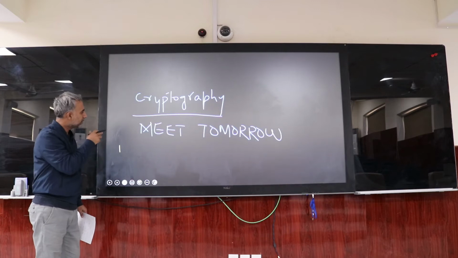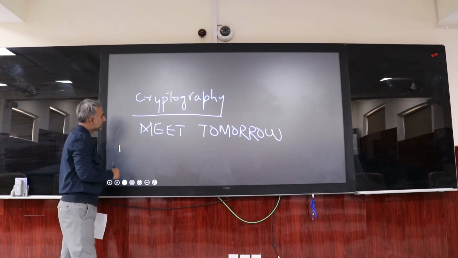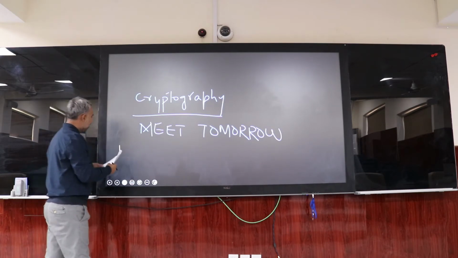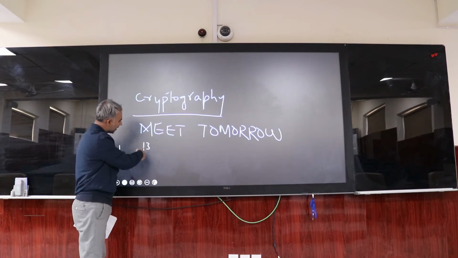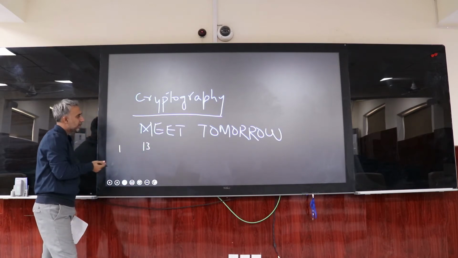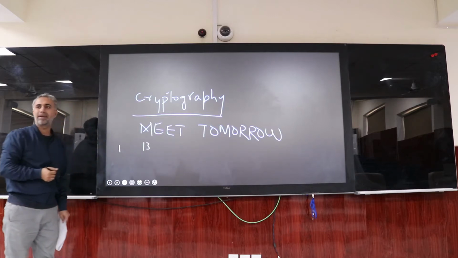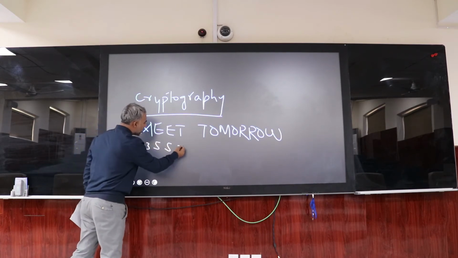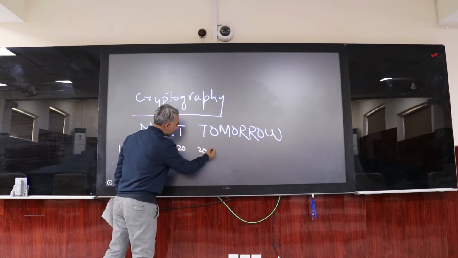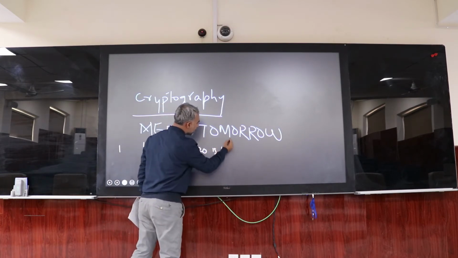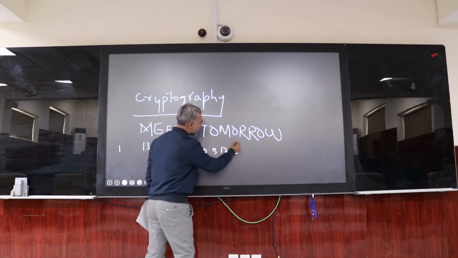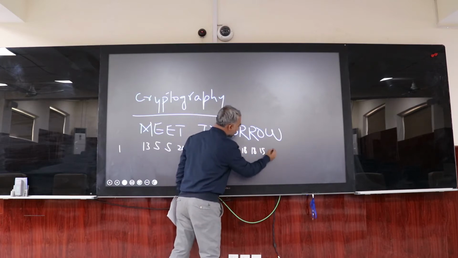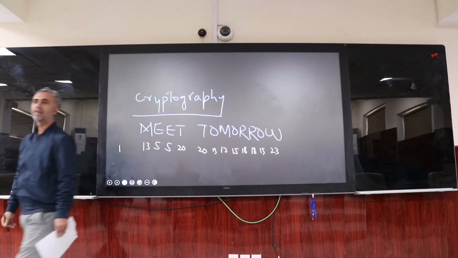This one is some numeric value, in alphabet arrangement, in order. M is at the 13th place, E is at the 5th place, T is at the 20th place, 15th place, 13th place, 15th place, and somewhere the 18th place, 15th place, and 23rd place.